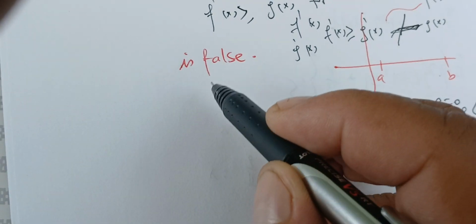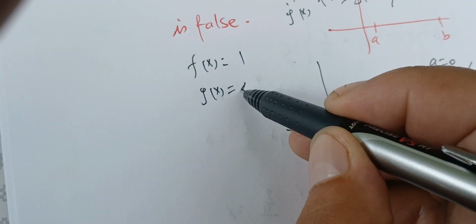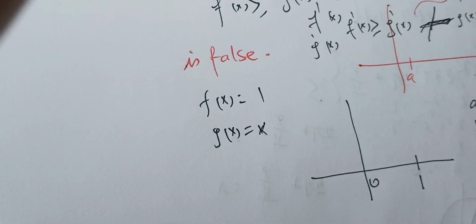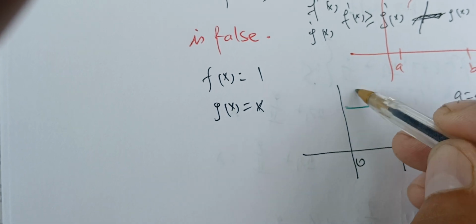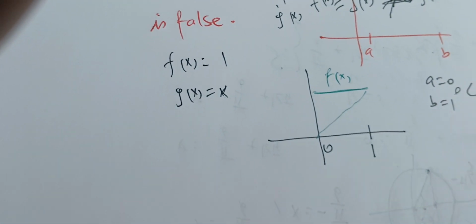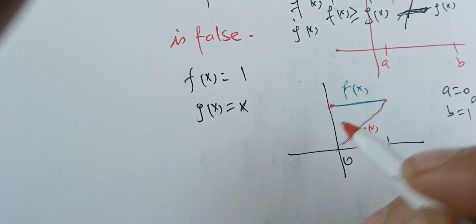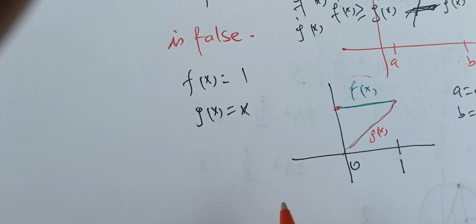If I take f of x as 1 and g of x as x, and I define both of them on this interval 0, 1, then this is my f of x, and this is g of x. I clearly see that f of x is bigger than g of x graphically.